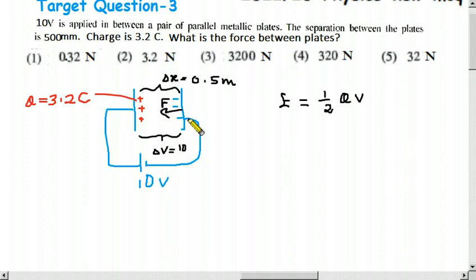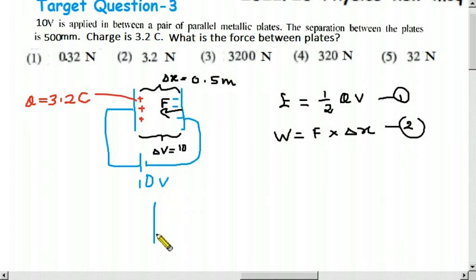If this force moves a distance of delta x, the work is F times delta x. These two must be equal because this energy is used to do this work. Work is force times distance. After moving, the plates are at the same place, so delta x is 0.